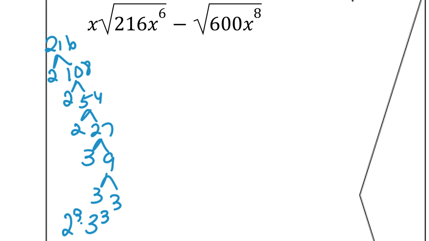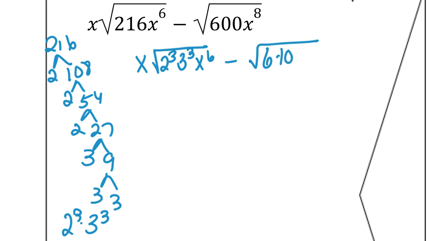Okay, so let's see. I got x, and then I got the square root of 2 cubed, 3 cubed, x to the 6 minus 6 times 10 squared, right?